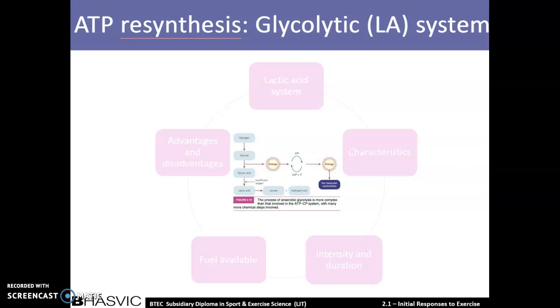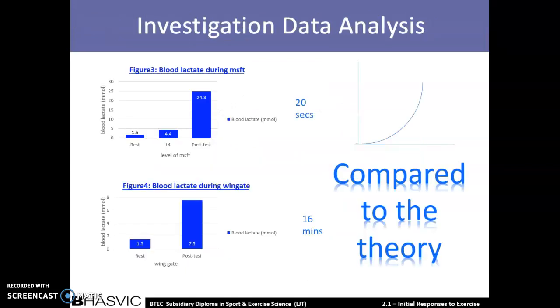the energy for muscular contractions happens. Investigation data analysis for the energy systems: they compare to the theory. They match for figure 4, although the investigation only lasted for 20 seconds. The data analysis correlates with what the theory is saying. This also happens in the multi-stage fitness test, where they also compare to the theory and correlate with what it is saying.